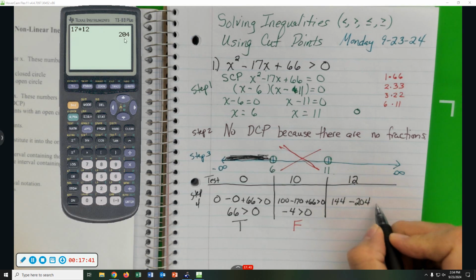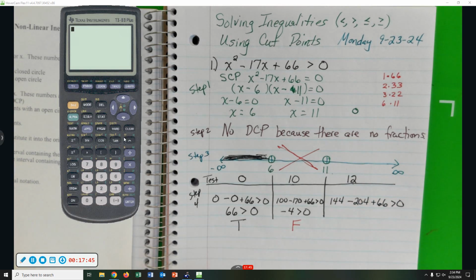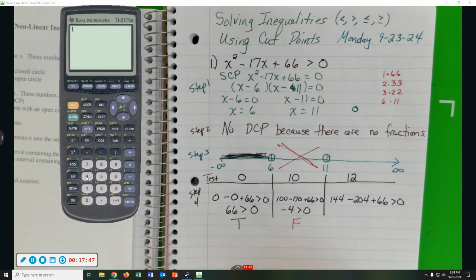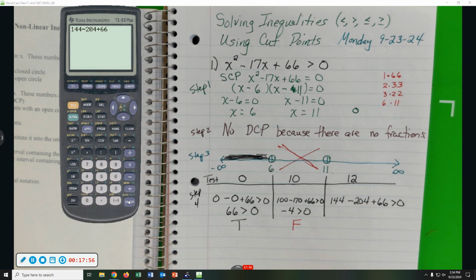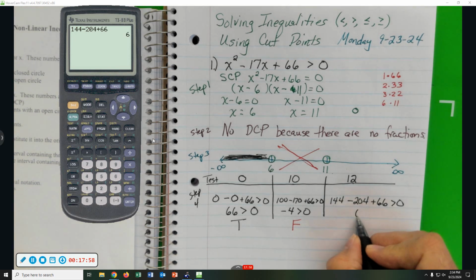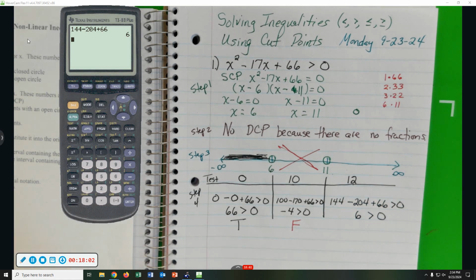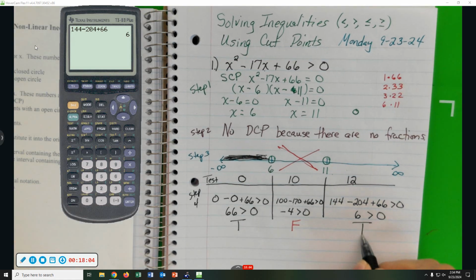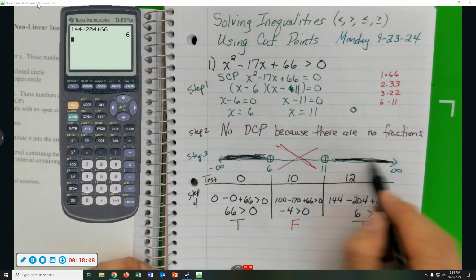Yes, it is. Plus 66 is greater than 0. I bet everyone used their calculator there. 144 minus 204, that's a negative 60. Plus 66, that gives us a positive 6 is greater than 0. True or false? True. So we shade.